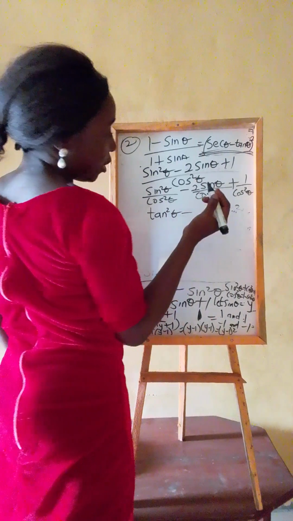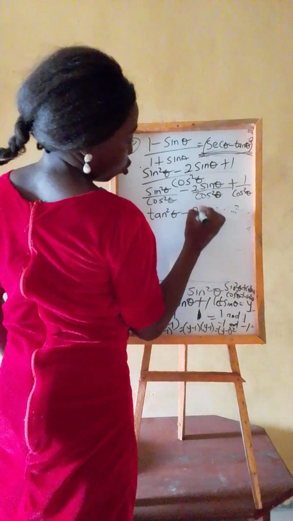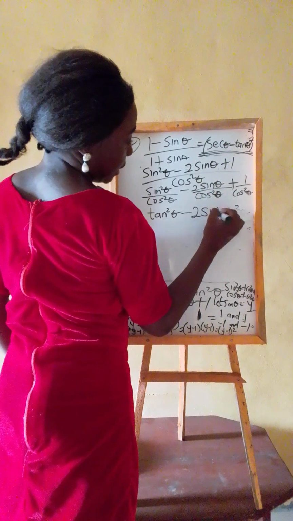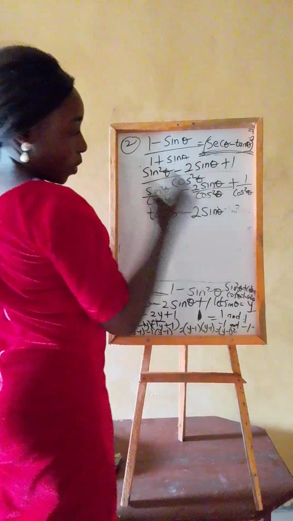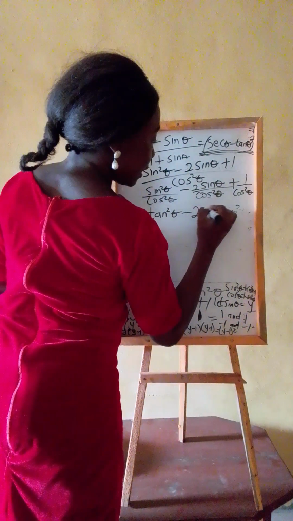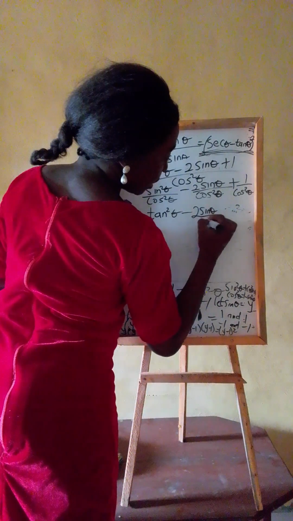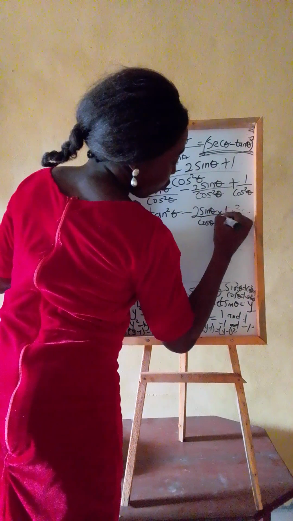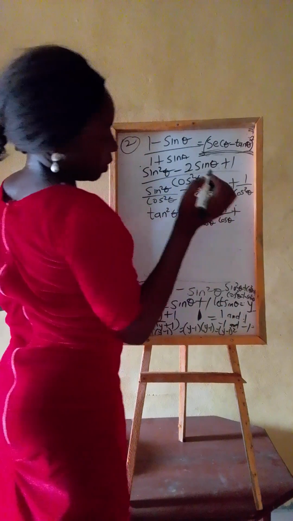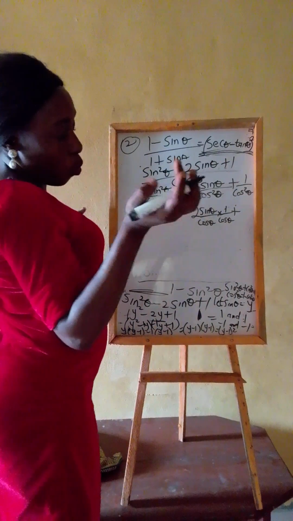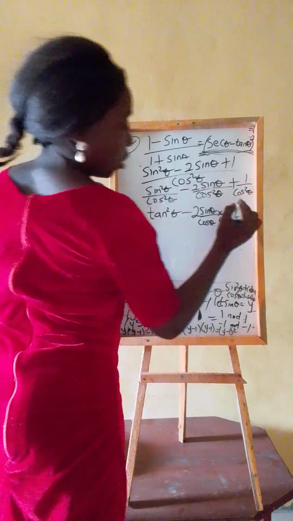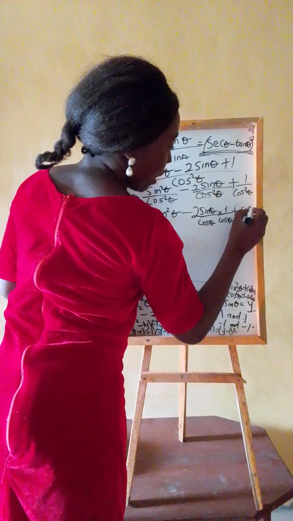Minus 2, remember, maybe I should break it down: sine theta over cos theta times 1 over cos theta, plus 1 over cos squared theta. 1 over cos is sec, so this is sec squared theta.